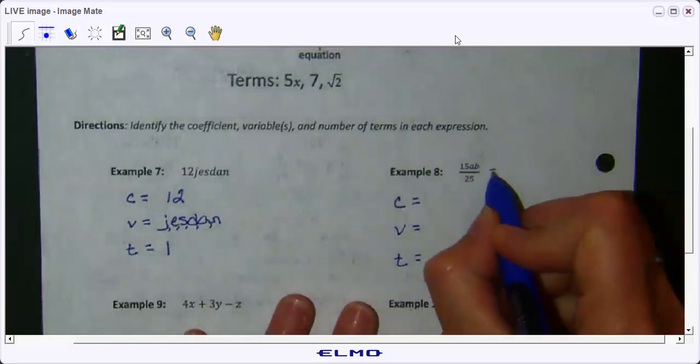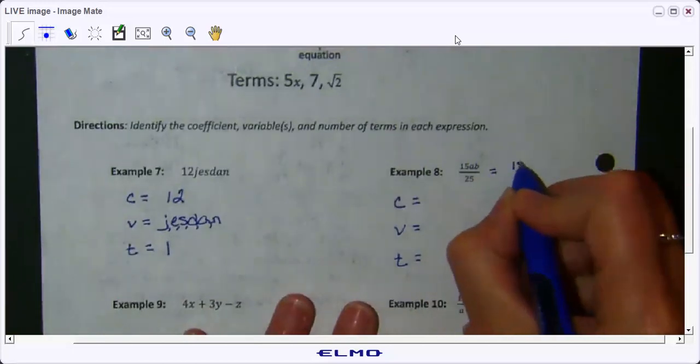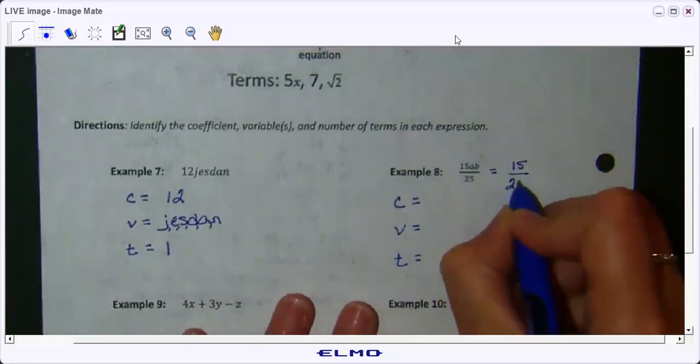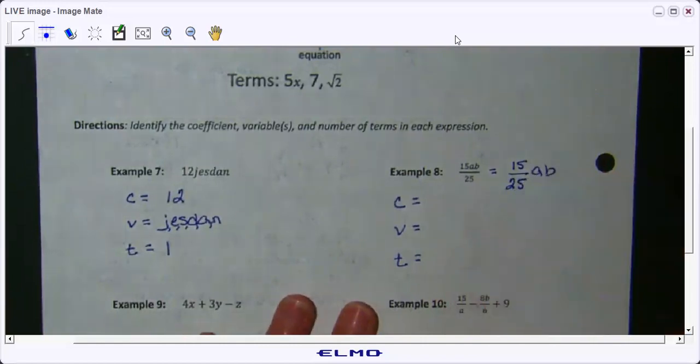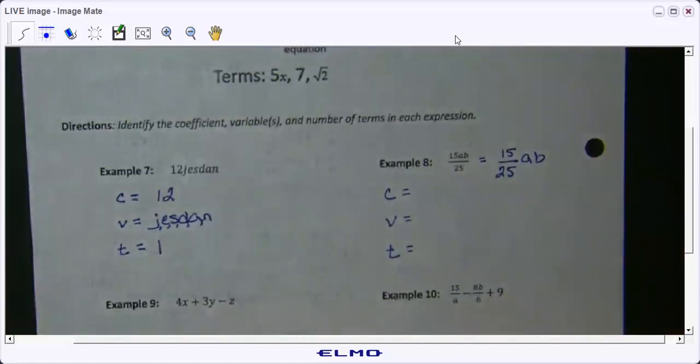This can also be written as 15 over 25 AB. Okay. So our coefficient is the full fraction. You do not have to simplify fractions in this lesson. So our coefficient here is going to be 15/25. That's our coefficient.